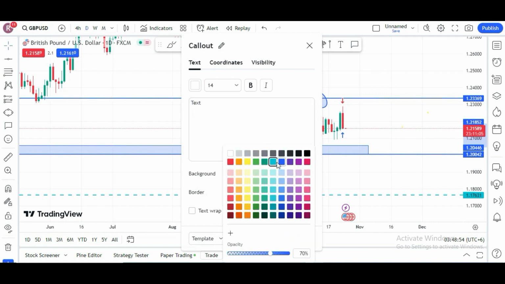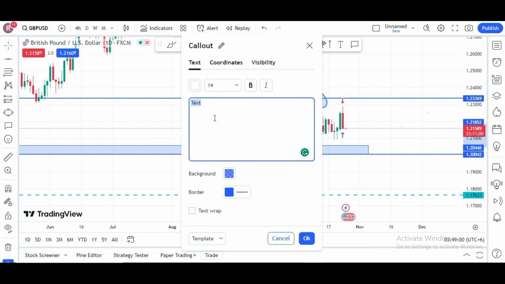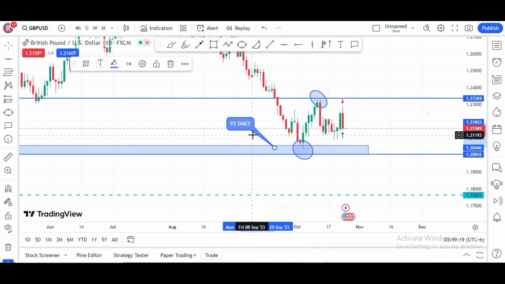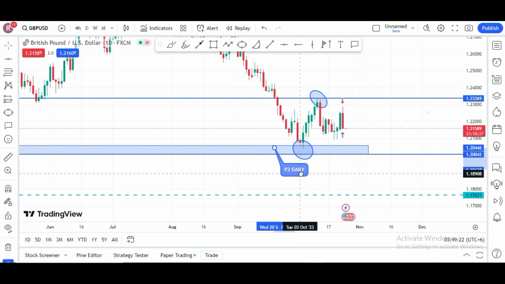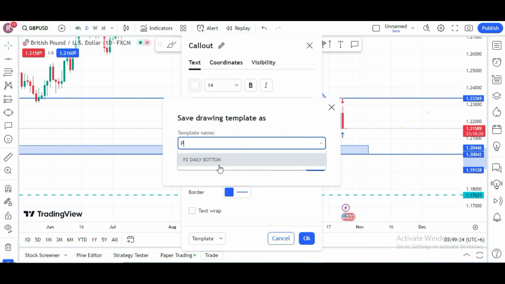This is P2 daily, we can say, and save as P2 daily bottom.